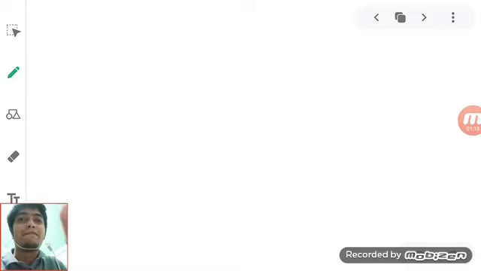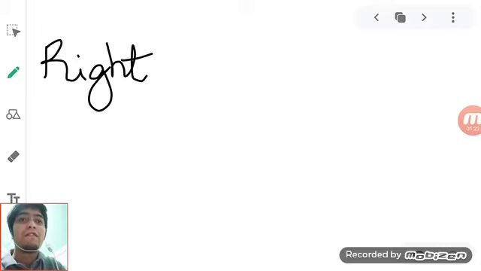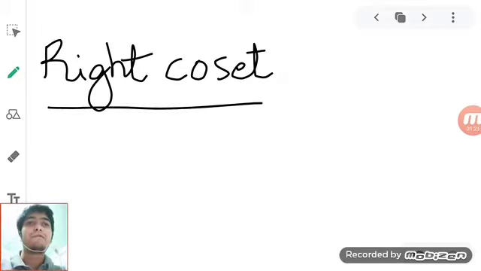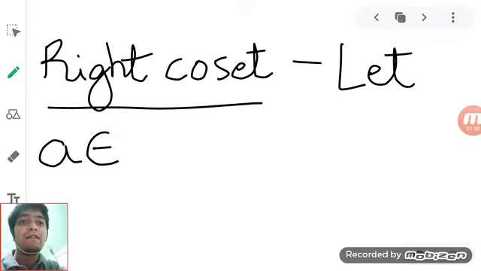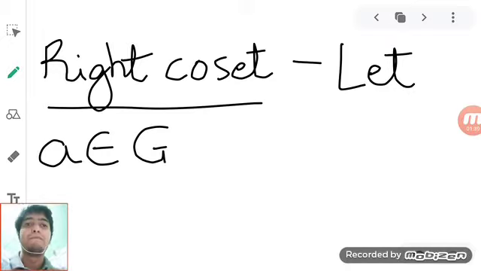Now we are going to define a right coset. How are we going to construct a right coset? First of all, you take any element from the group, that A belongs to the group.